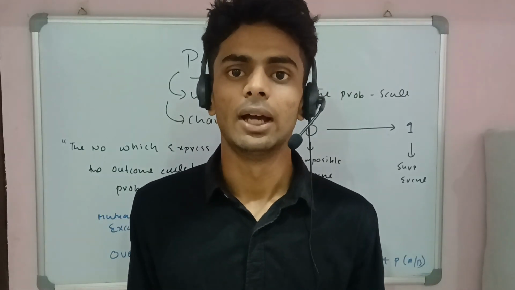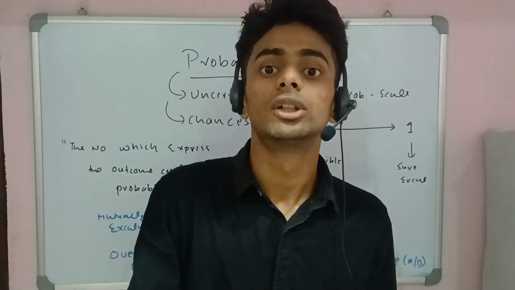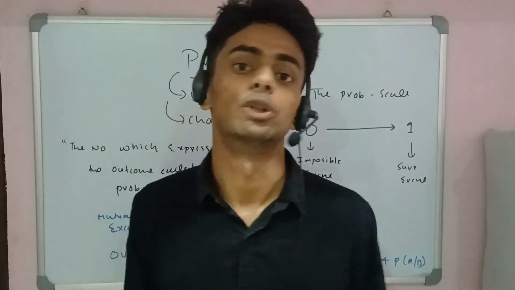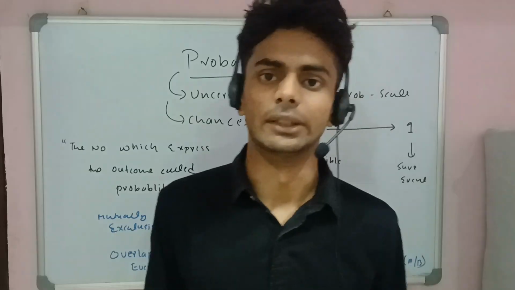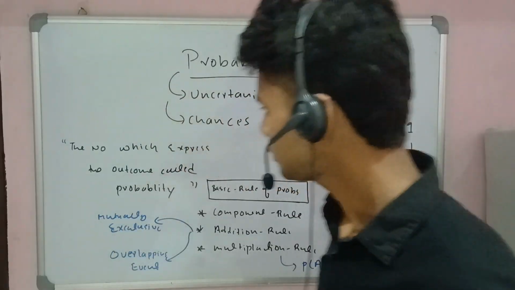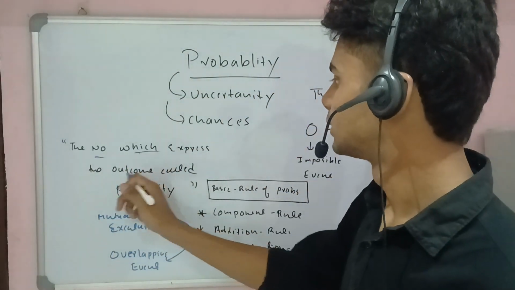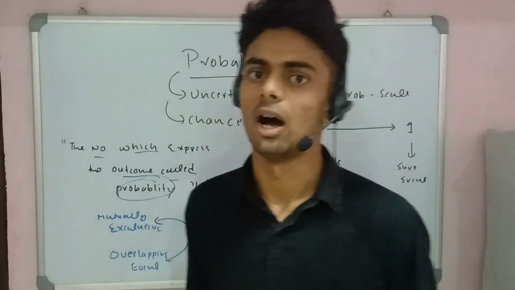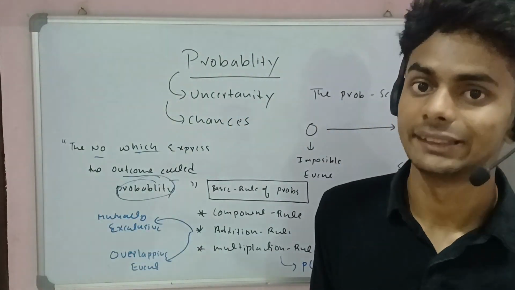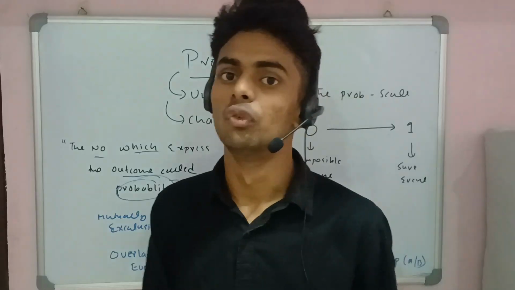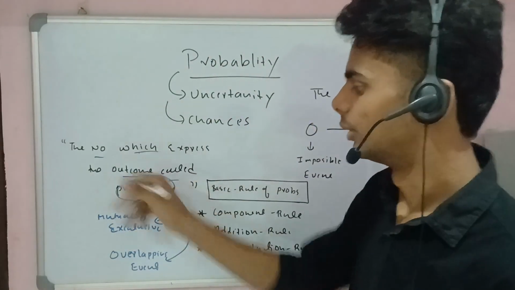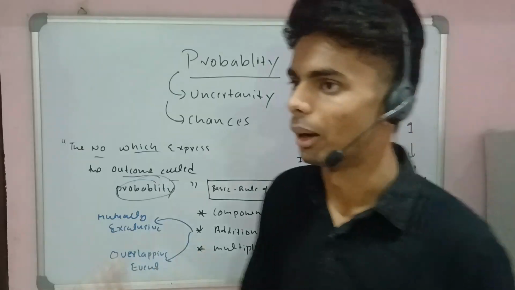Outcome A and B have different probabilities, and when you label each outcome with such a number, that is probability. So the number which expresses the outcome is called probability. It is the mathematical way to express the chances of an outcome in the face of your uncertain knowledge. That's what probability is.